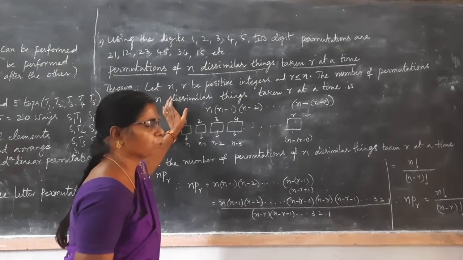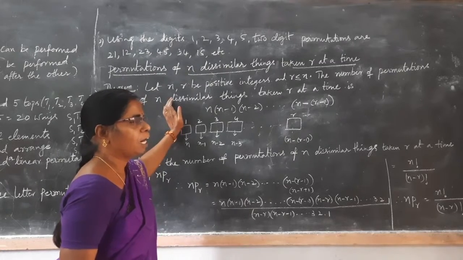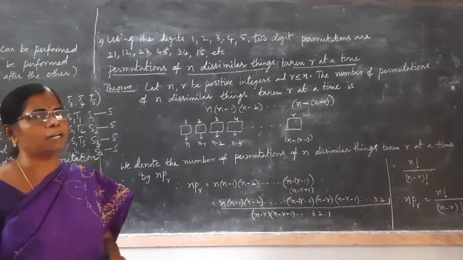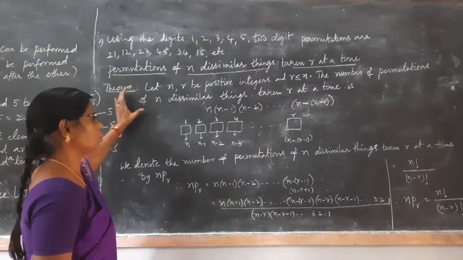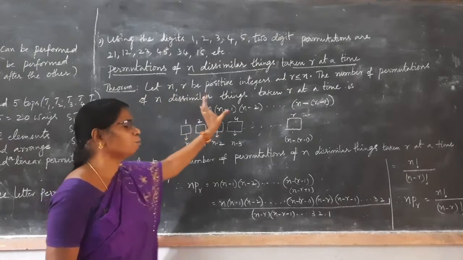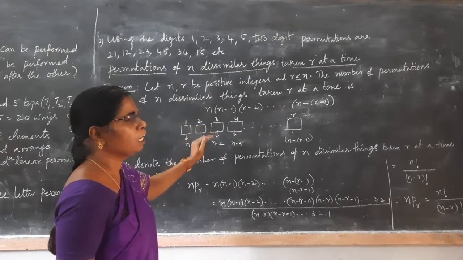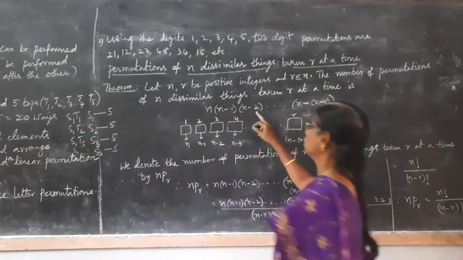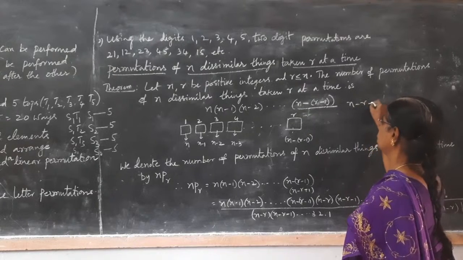Like the example I told you earlier, if 10 dissimilar things are given, take 6 from the 10 and arrange them. So how many total arrangements we get, to count that this theorem helps us. See here once again, the number of permutations of n dissimilar things taken r at a time is n into n minus 1, n minus 2 and so on, up to n minus r minus 1. This can be written as n minus r plus 1 also.